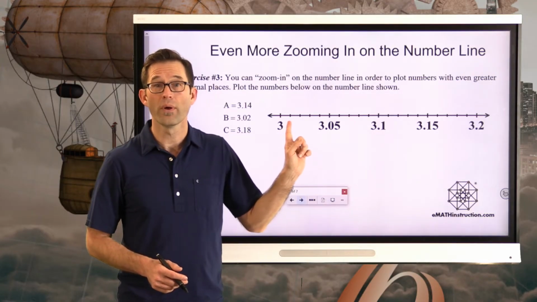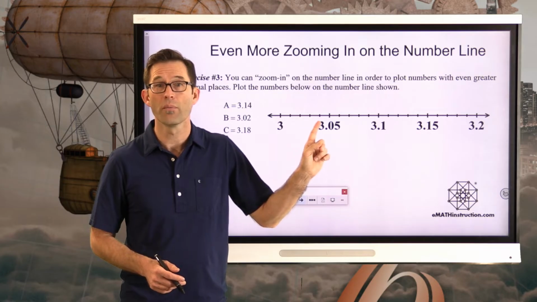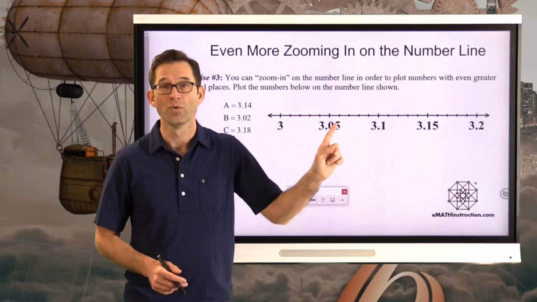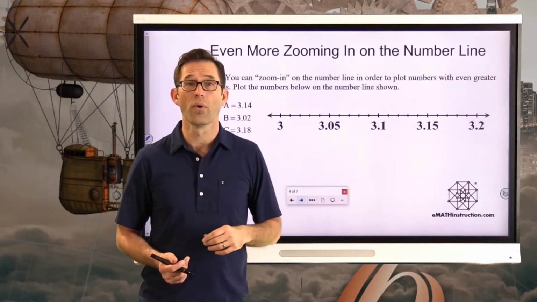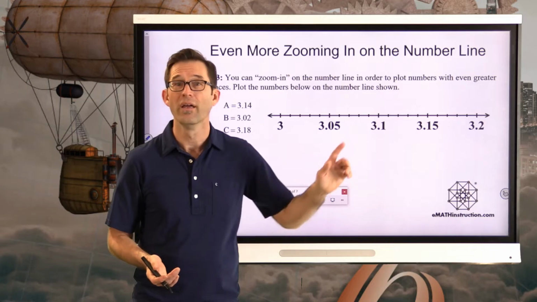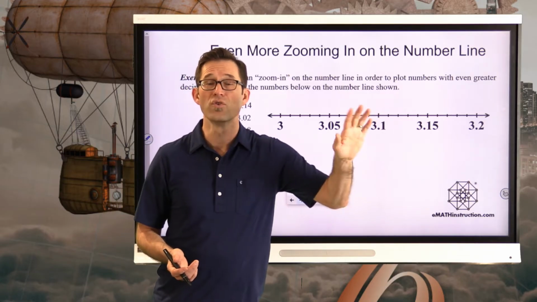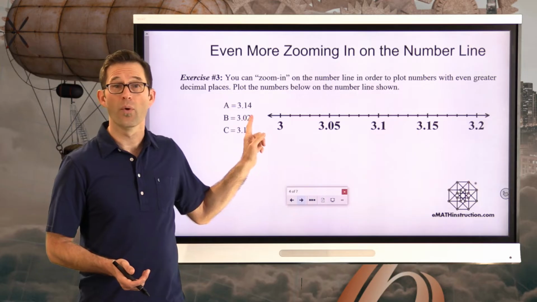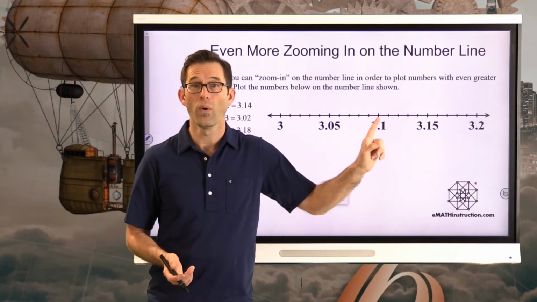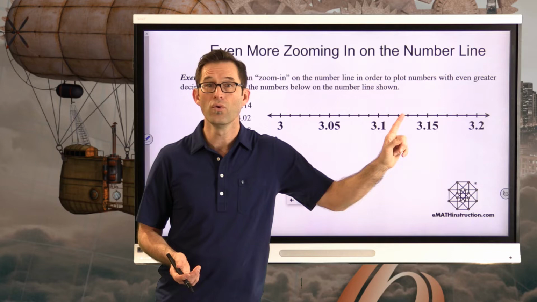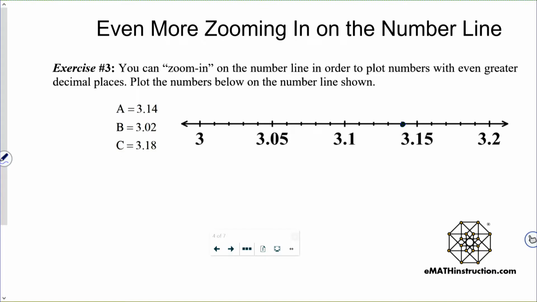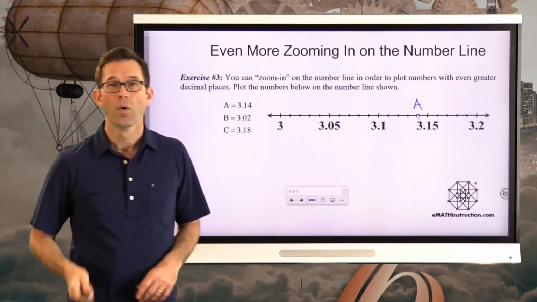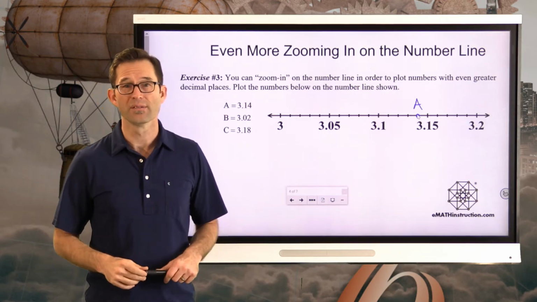So here we've got 3.01, 3.02, 3.03, 3.04, 3.05, 06, 07, 08, 09, 3.10, but we don't label it as 3.10, we just label it as 3.1, and 3.11, 3.12, etc. So if I want 3.14, right, here's 3.1, 3.11, 3.12, 3.13, 3.14. Right? We're doing these things now accurate to the nearest hundredth. Why don't you quickly pause the video and plot B and C?